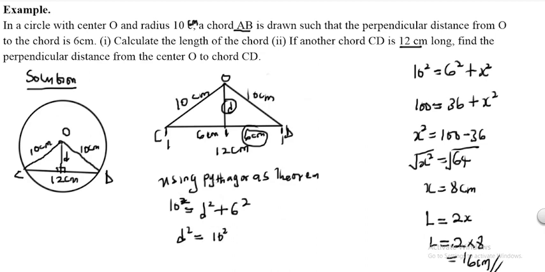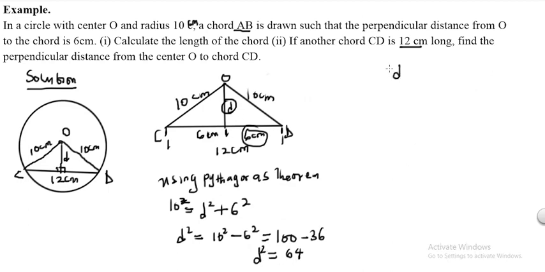We are moving 6 squared to the other side, it becomes minus 6 squared, and that is equal to 10 squared, which is 100, minus 6 squared, which is 36. This is equal to 100 minus 36, which is 64. That means that D squared is equal to 64.